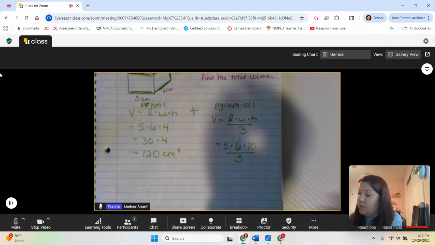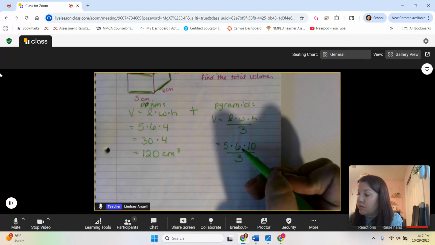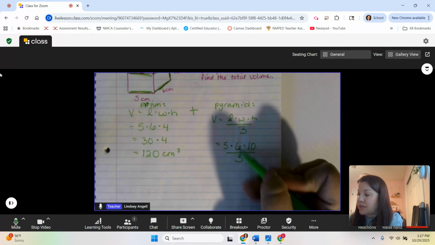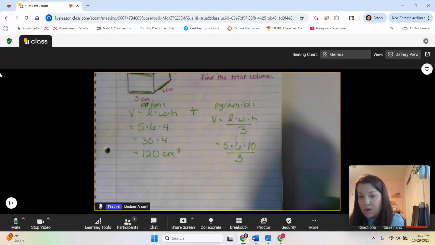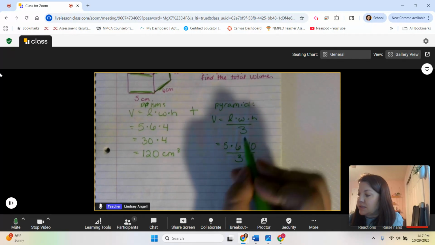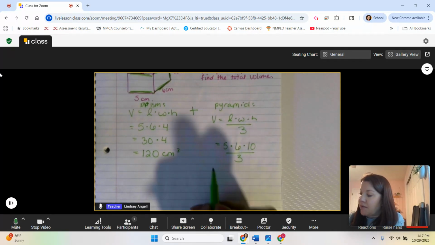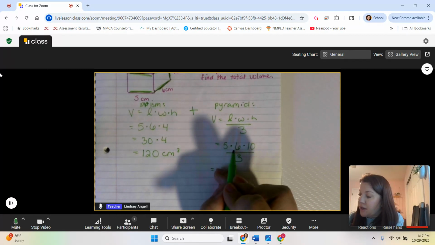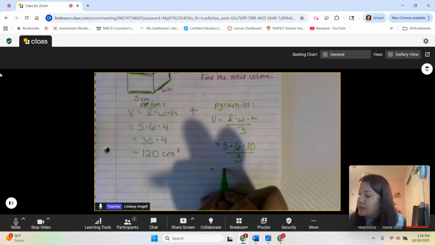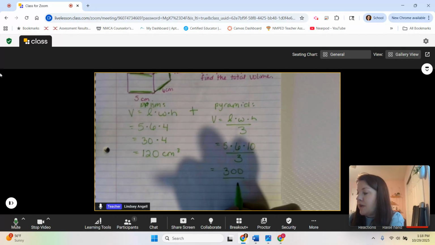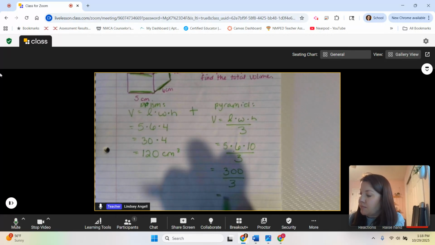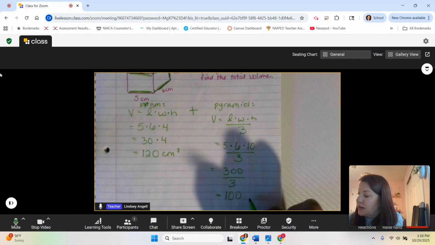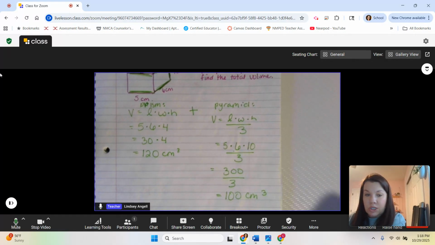Okay, now you might be able to notice that these have a relationship together, but let's go ahead and just see what happens when we multiply everything out. So 5 times 6 is 30, times 10 is 300. So really we have 300 divided by 3, which is 100 centimeters cubed.